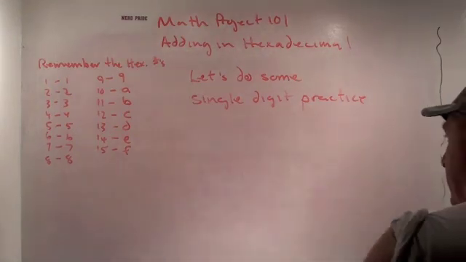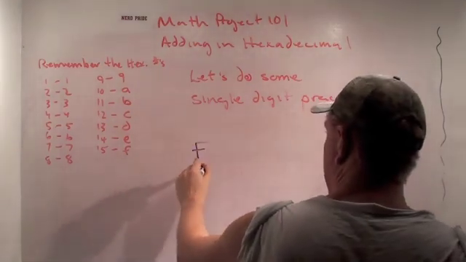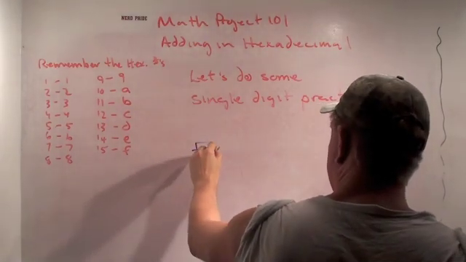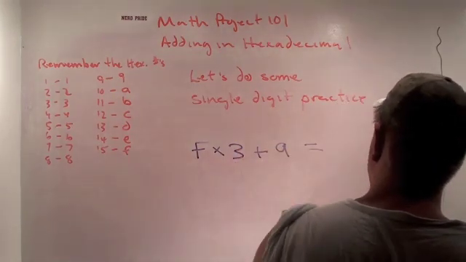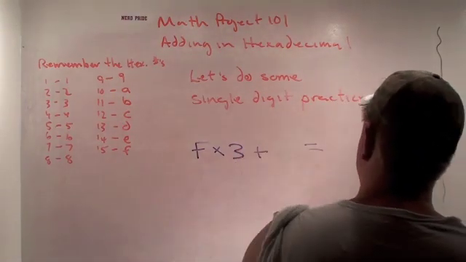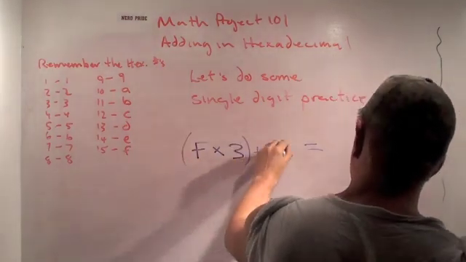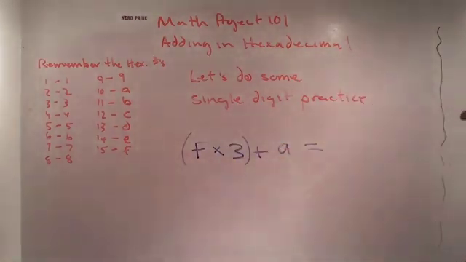How about f times 3 plus a equals what? Okay, so f times 3 plus a, that's your homework problem. Okay. All right? And then you figure that out sometime today, and then I'll check it tonight.